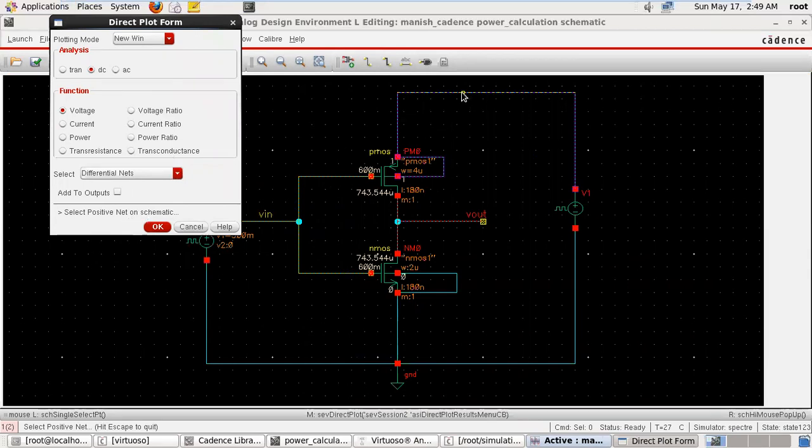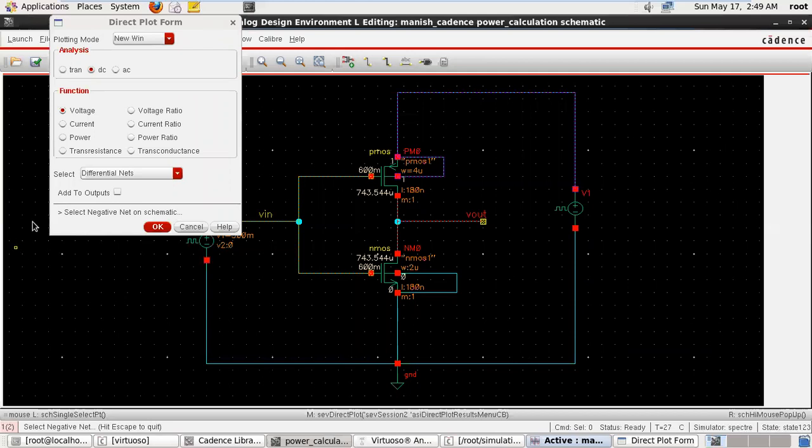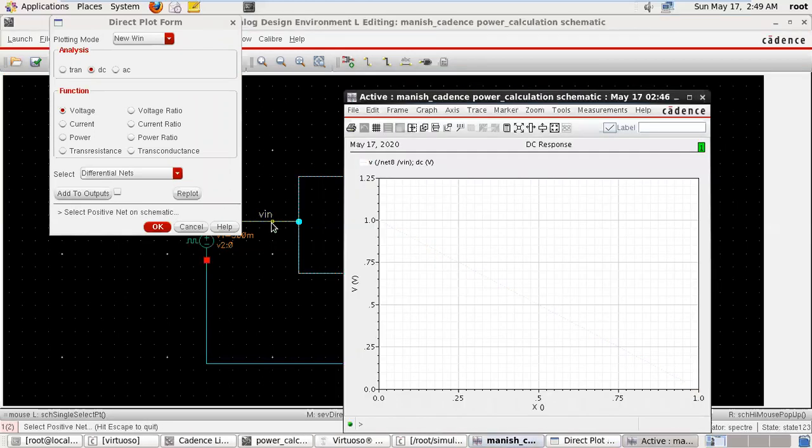Suppose we take this as the positive node, then select a negative node. Just click here. So this is the difference of those two nodes. If you want the difference of two node voltages, just use this differential net voltage.